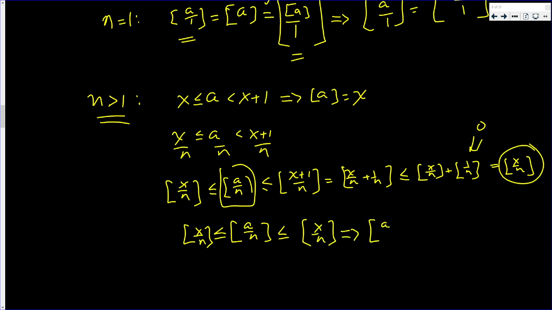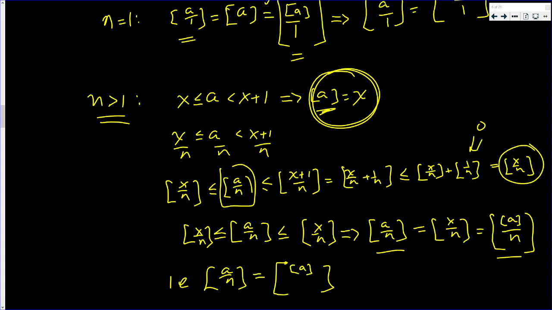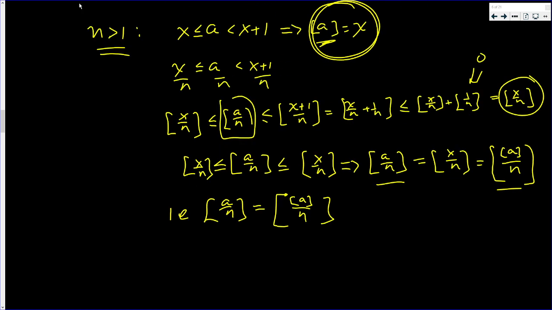This implies that the greatest integer of a over n is equal to the greatest integer of x over n. But we have a special way of writing x. It's the greatest integer of a, and then I divide by n. So this is equal to that. That is, the greatest integer of a over n is equal to the greatest integer of the greatest integer of a over n, when n is bigger than 1.